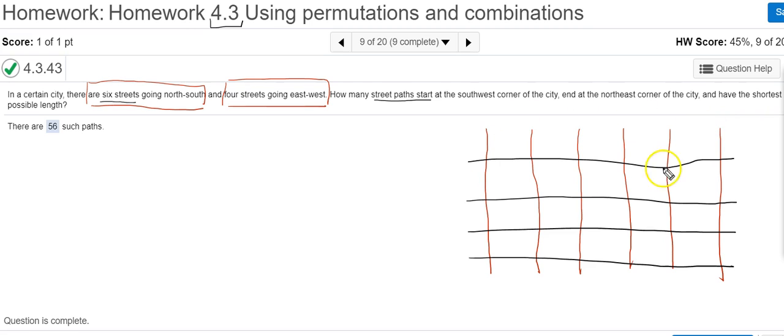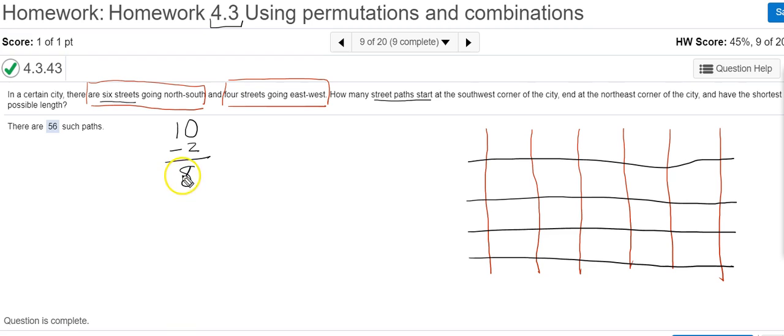Now, the strategy for doing this is you add up the 6 and the 4, and that gives you 10. But you take away 1 street from each of that, so that would be minus 2, will give you 8.